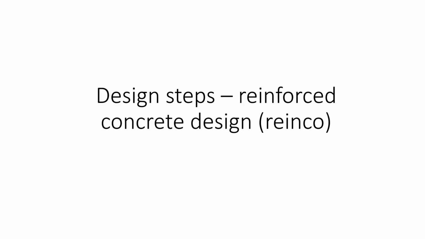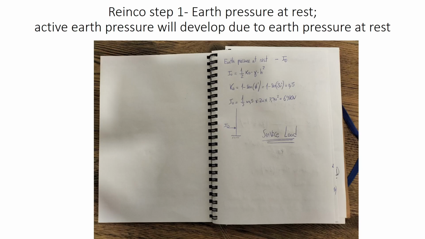Then we have got to design the reinforcement for our concrete pieces. And for that, we have got to determine the earth pressure at rest, which is going to be the first pressure that's going to develop in our wall, and that's going to make the wall move just a bit so that the soil will plastify, and we're gonna get the active earth pressure that we determined earlier.